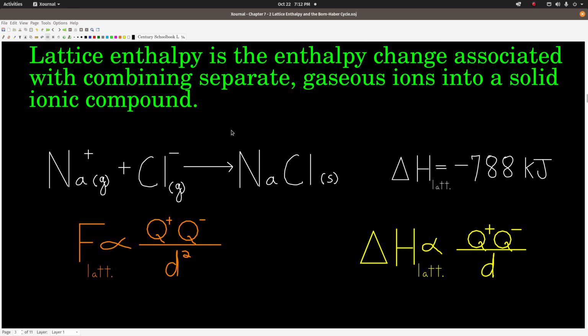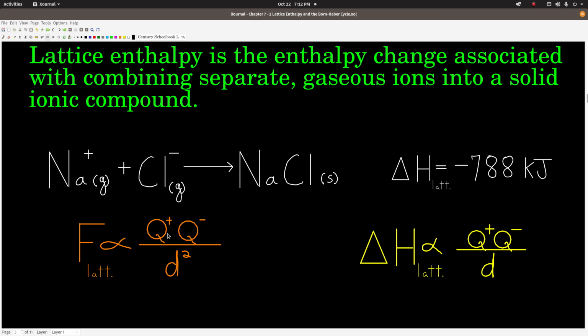And when they do that, their lattice enthalpies are positive. The same number, but positive. I believe the OpenStax textbook does it that way, but we're going to do it this way. To me, this makes a little bit more sense. So we're going to define it just how I did up here. Once we add the lattice enthalpy into the process, then we get the right answer.